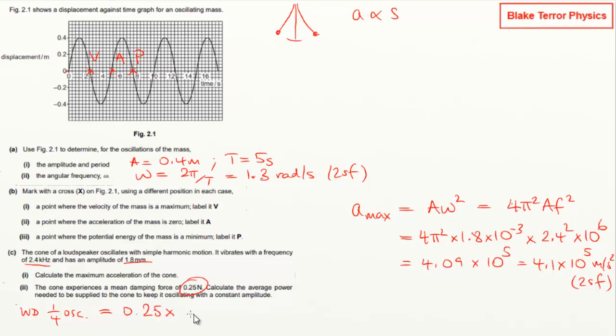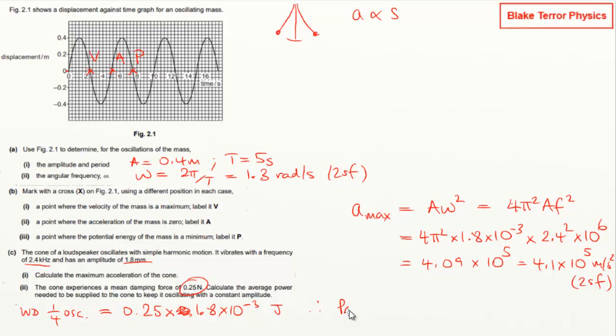So 0.25 times the, I'm looking at the graph, we're on the loudspeaker still, aren't we? So 1.8 times 10 to the minus 3. So that is the work done, in joules, in one quarter. So we need to do energy over time.